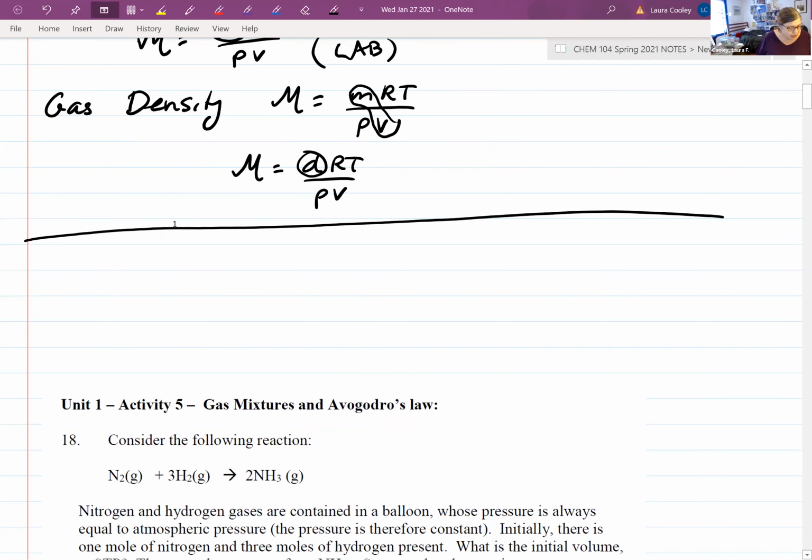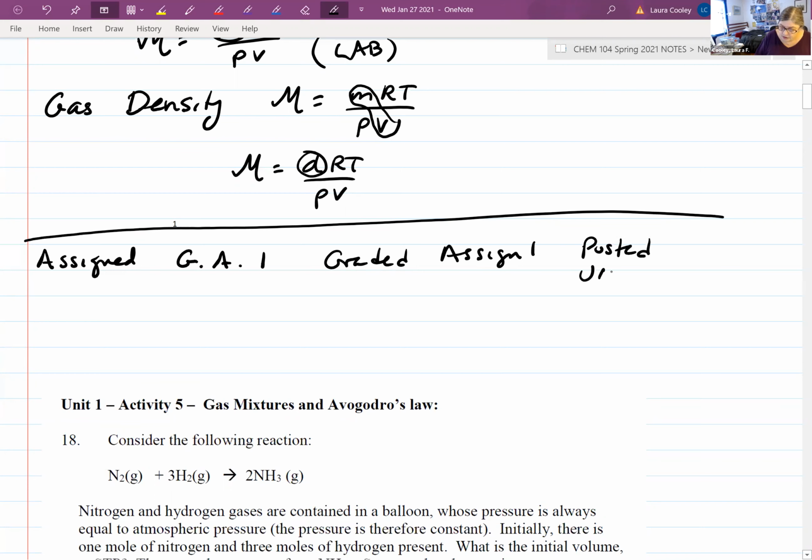Okay, so what we're going to do today, another thing I did last time is I assigned graded assignment 1, GA1. It is posted under unit 1, okay, and it's due on Sunday at the end of the day. It has basically 2 problems.